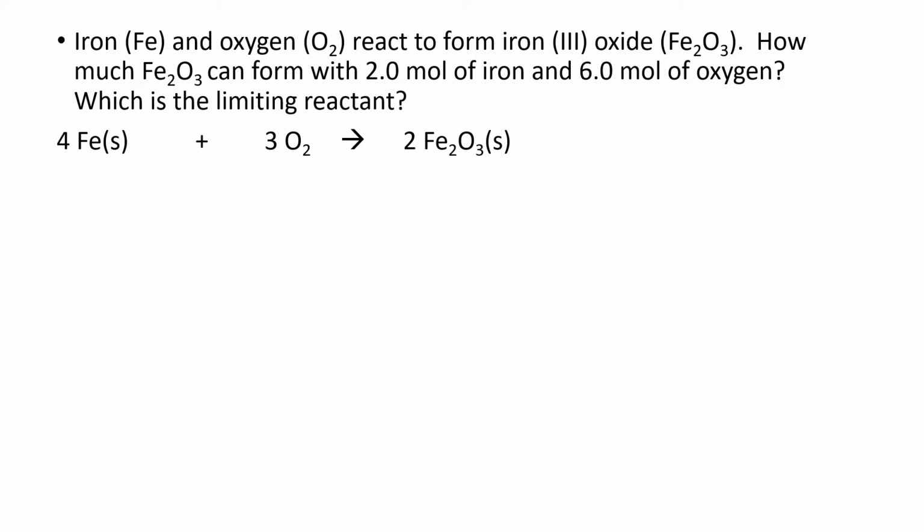So first off, let's start with what we know. We are starting with, for this problem, 2 moles of iron and 6 moles of oxygen. So we've got to do two problems here, and we're going to use the molar ratios that we get in our chemical equation to figure that out.